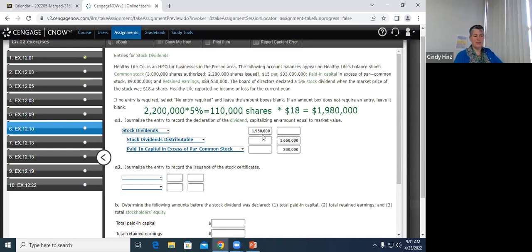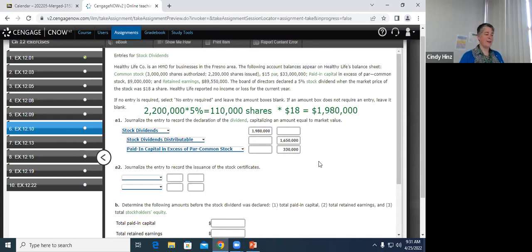You'll notice that's the difference between the total value of the stock dividend and the amount that's considered the par value. So it is okay for us to put that excess $330,000 directly into the paid-in capital account. It's okay to do that now. We can't put the par value into the common stock account, because those shares have not yet been issued.